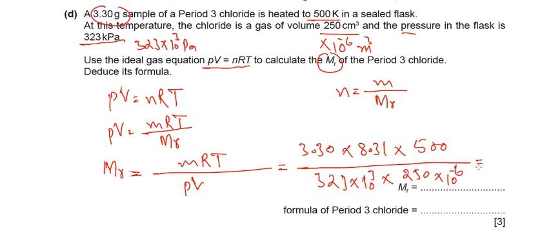Now you have to calculate this, and I'm going to use my own calculator to find out the exact value. So I'm putting the value 3.30 multiplied by 8.31 multiplied by 500 divided by 323 times 10 raised to the power 3, then multiplied by 250 times 10 raised to the power minus 6.